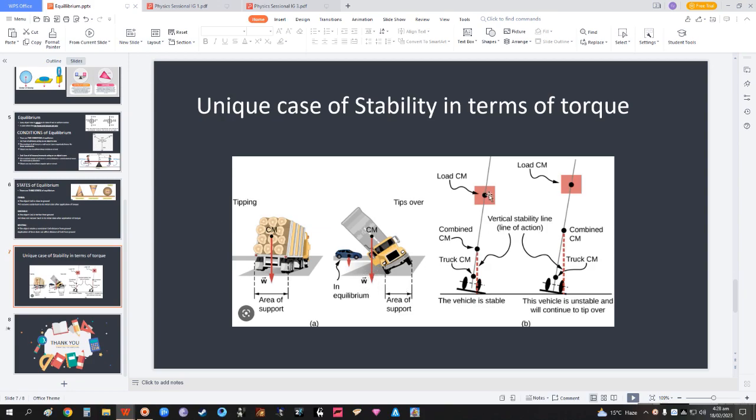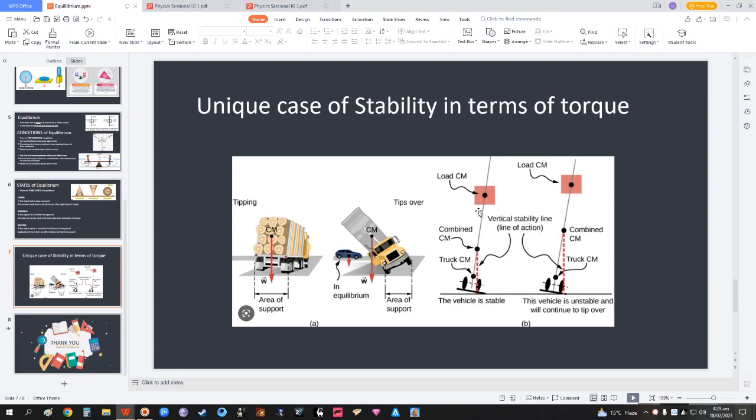And if the center of mass of different masses in an assembly, in this case we have the truck, which has its own center of mass in the bottom right here, and the load, which is the tree log, is going to have its center of mass higher. So combined, we can say the center of mass is going to be somewhere here while it's in this position, and it's a bit stable. Why? Because it's closer to the ground.